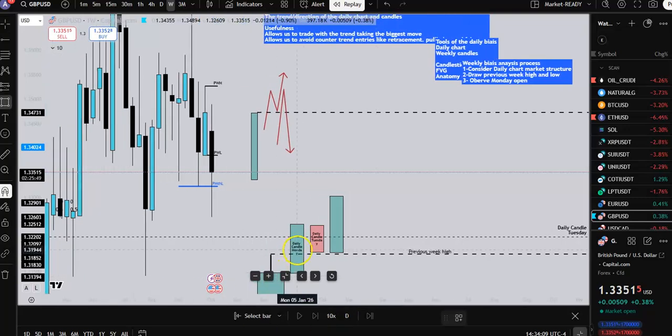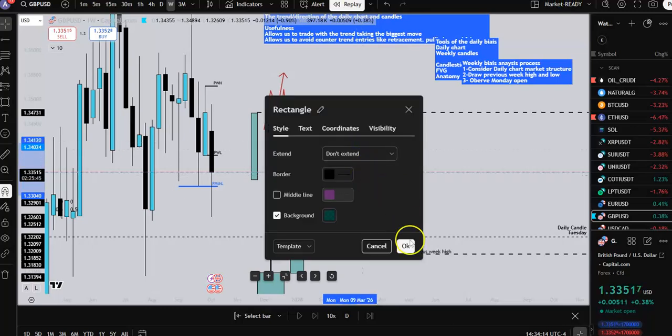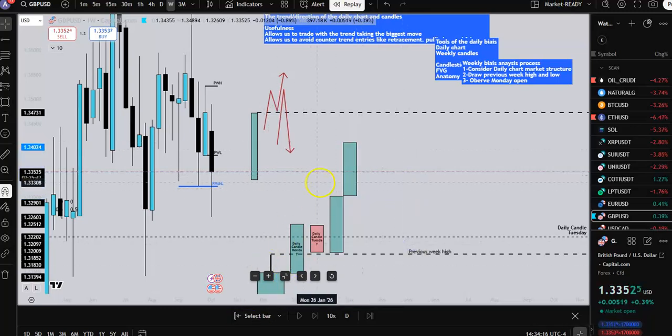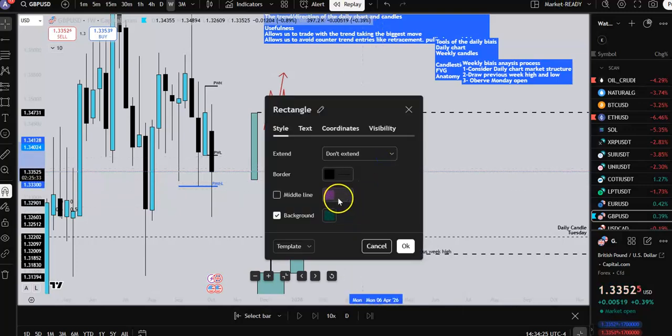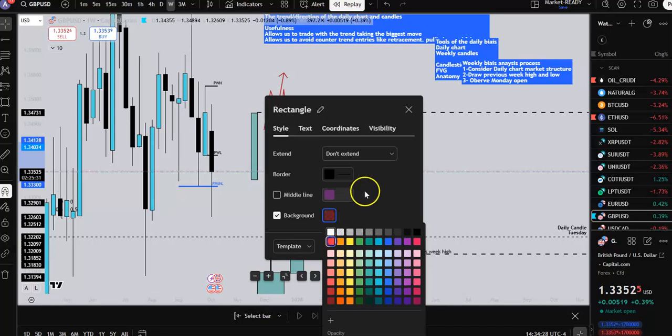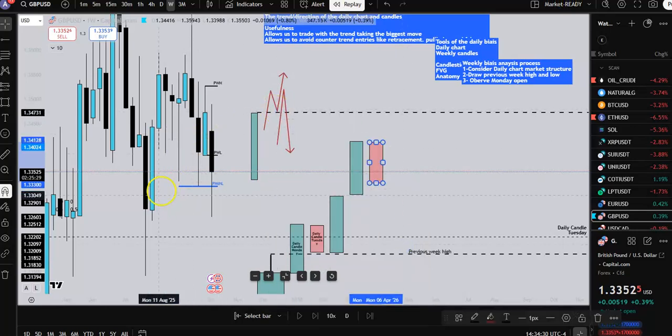So on Monday, Tuesday, Wednesday, Thursday, bullish. And a very important thing, we're going to expect Friday not bullish, but bearish. And this is why. Because for most weekly candles, the last day of the week was counter trend.